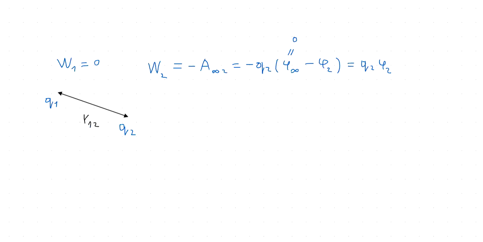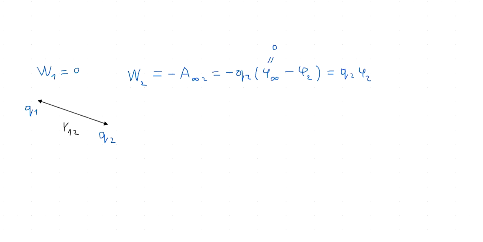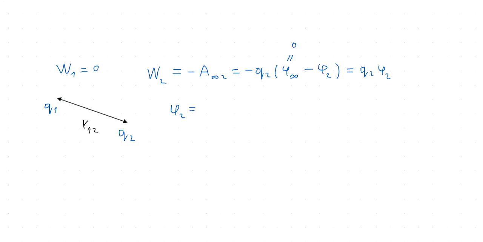And what can we say about potential Phi2? Potential Phi2 is the electrostatic potential of charge Q1 at the position of charge Q2.